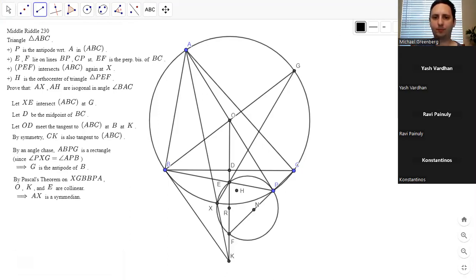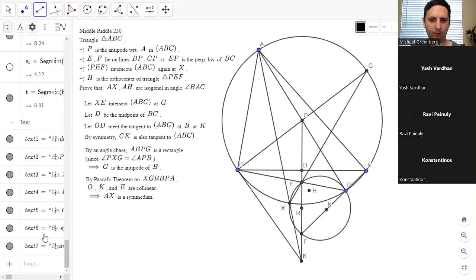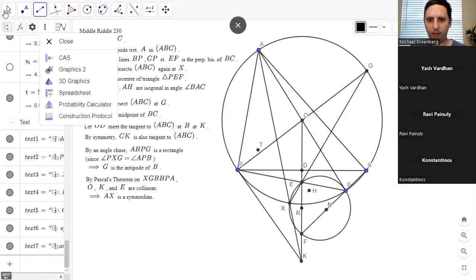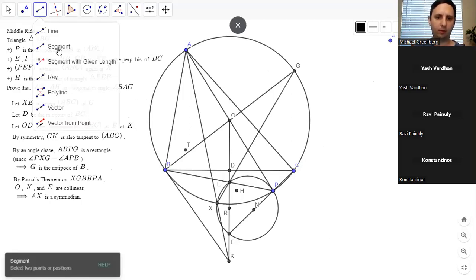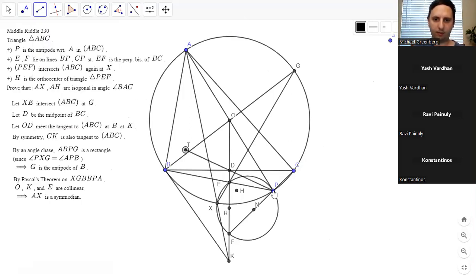So I'll draw the orthocenter of ABC, and we'll call that T. So DT is perpendicular to HR, and you're also using that T, D, and P are collinear. That sounds good.